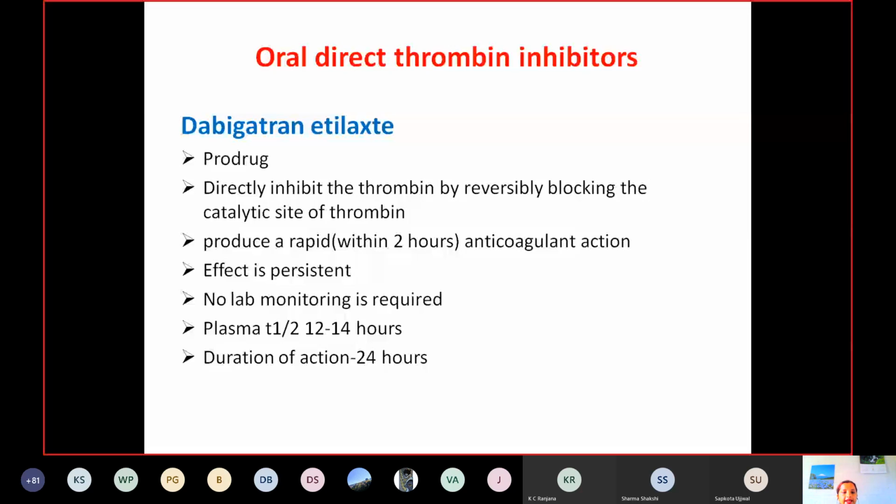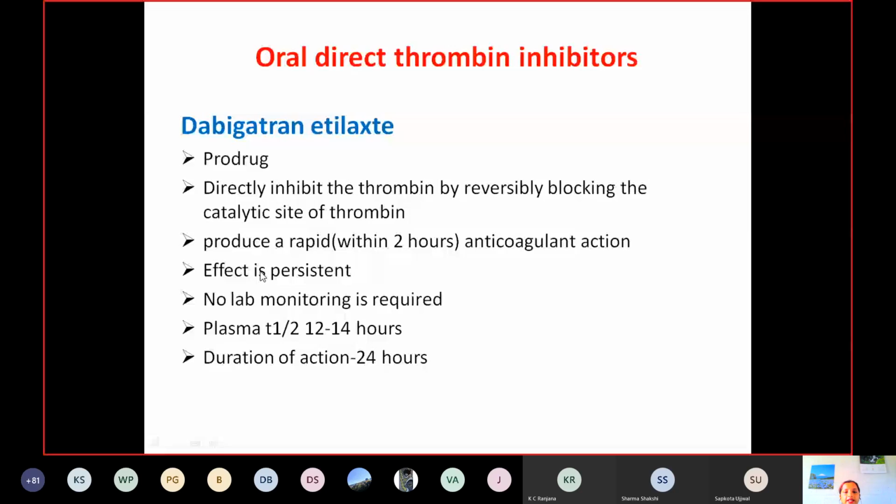It directly inhibits thrombin by reversibly blocking the catalytic site of thrombin. It will directly bind to the catalytic site of thrombin, thereby inactivating the thrombin clotting factor 2 and inhibiting the coagulation cascade.